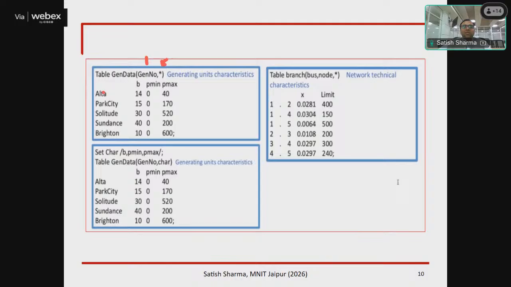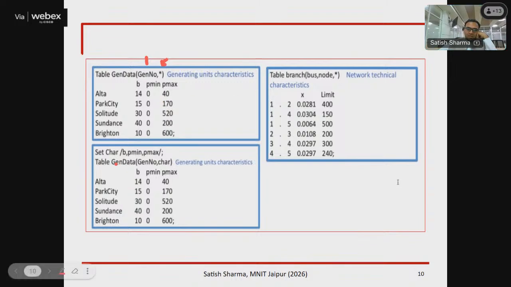So these are the generator number members basically, like Alta, Park City, and these are the different generator bus numbers. And then we are providing these three data with respect to each generator. So like the cost function b is 14, 15, 30, 40, and 0. Minimum is 0 and maximum is 40, 170, 520, and so on, which is I think our PJM five-bus system.